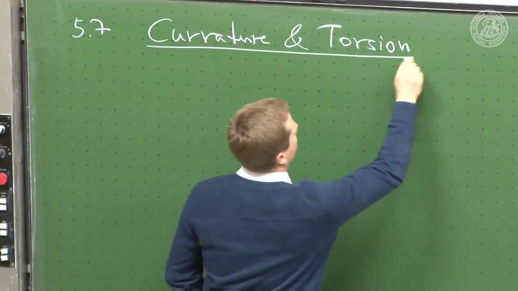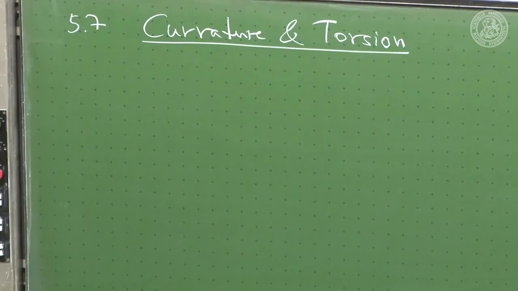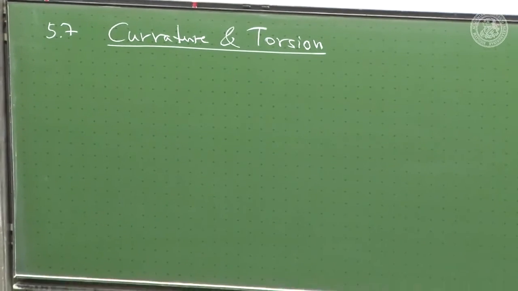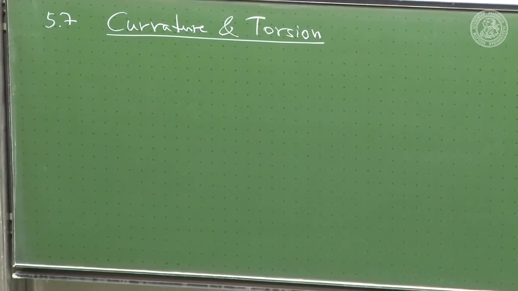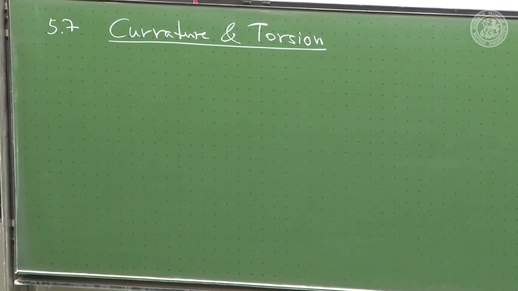So in differential geometry, if you look at covariant derivatives on the tangent bundle or on the frame bundle, curvature and torsion are usually mentioned together as properties of a covariant derivative.